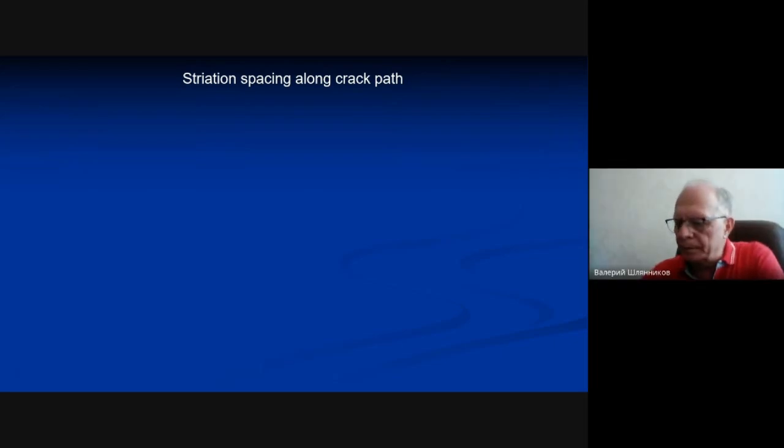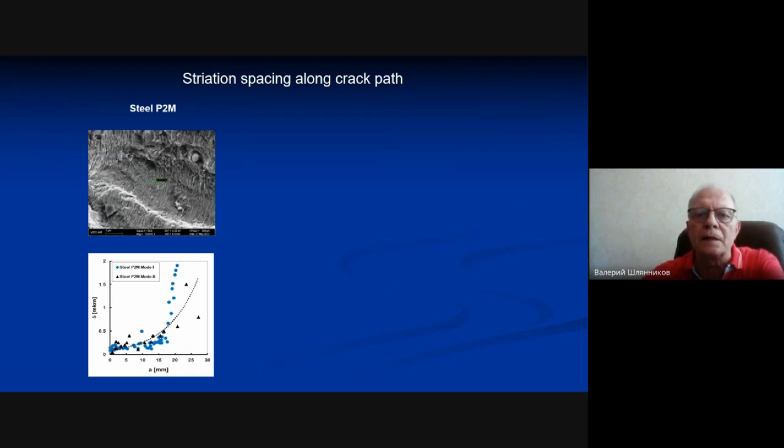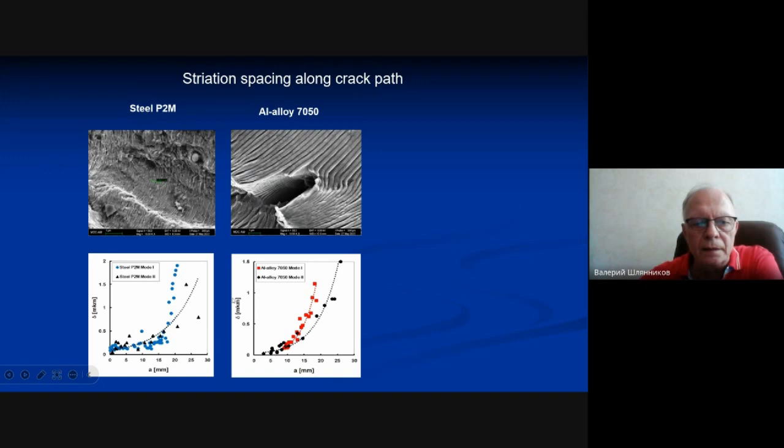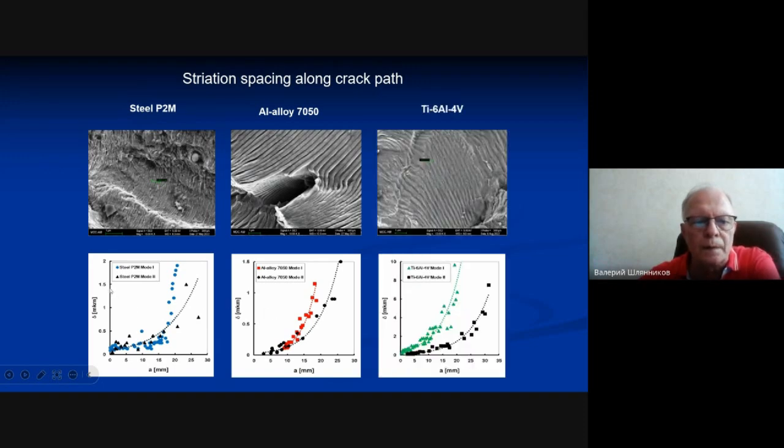Consideration of mesoscale material behavior uses a quantitative parameter, that is, fatigue striation spacing under cyclic loading conditions. This figure shows the morphology of fracture surfaces and a comparison of fatigue striation spacing as a function of crack length for pure mode 1 and mixed mode loading conditions for steel, aluminum, and titanium alloys.